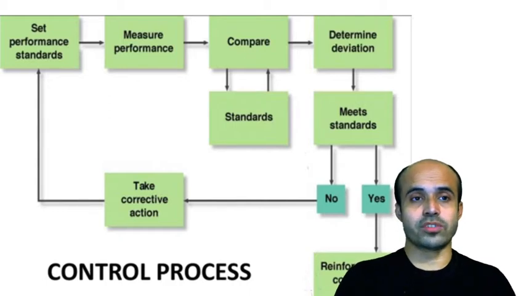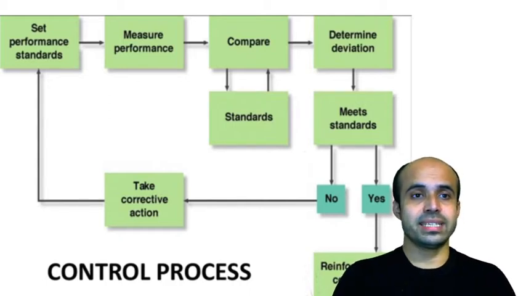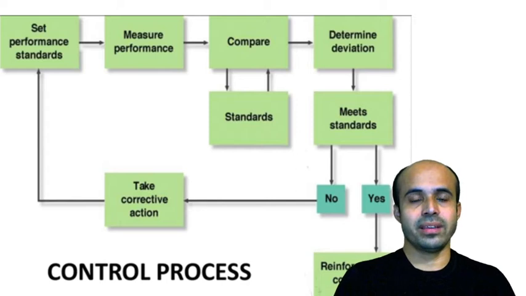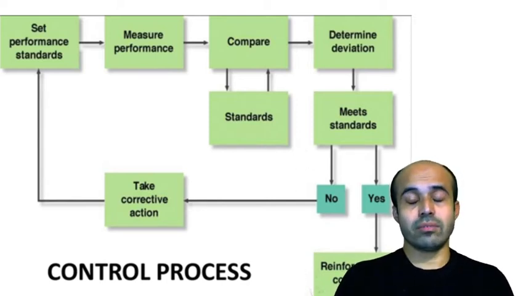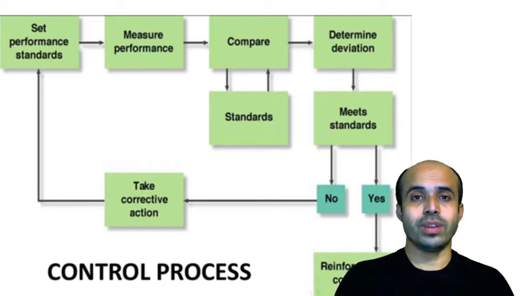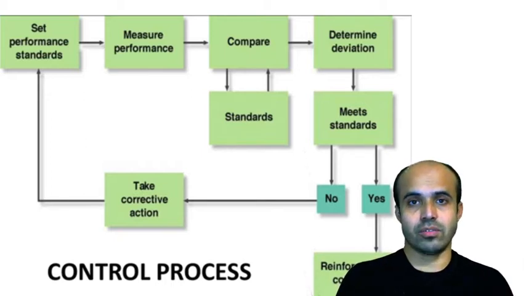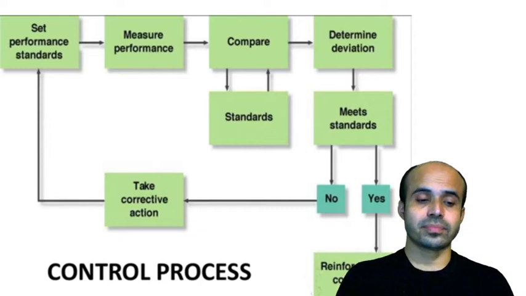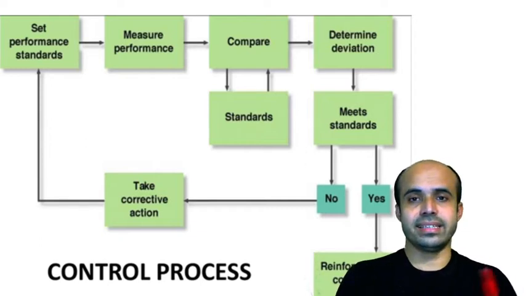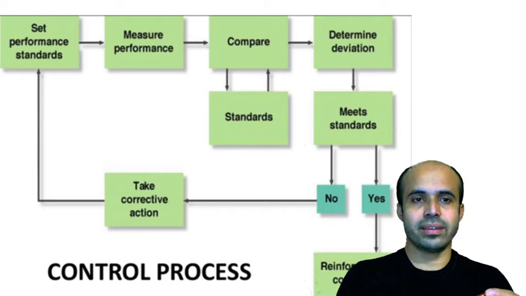In the first box you can see on this screen, set performance standard. Set performance standard means that when the controlling process starts, the first step is to set the standard. Set standard means, like this is a pen, how long it will be after the production will be determined before the production.